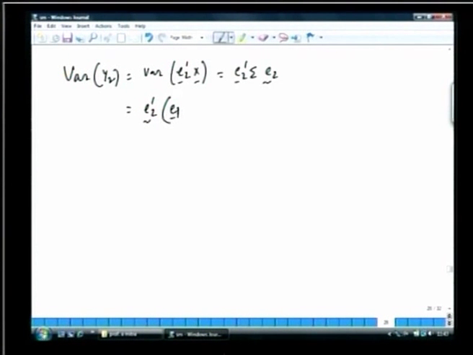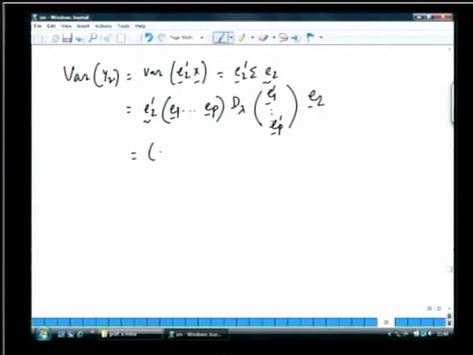So, we have E2 transpose, then E1 to EP, then d lambda, then E1 transpose to EP transpose, then E2. Because E1 to EP are all orthonormal eigenvectors, E2 combines with E2 only, and since these are orthonormal, you get 1 here.